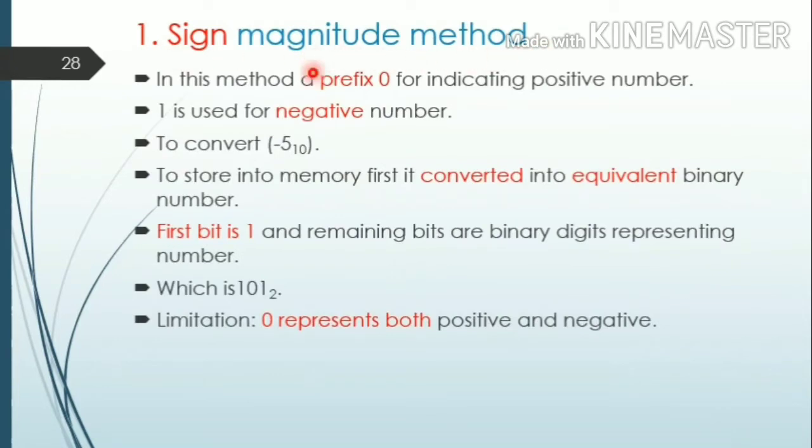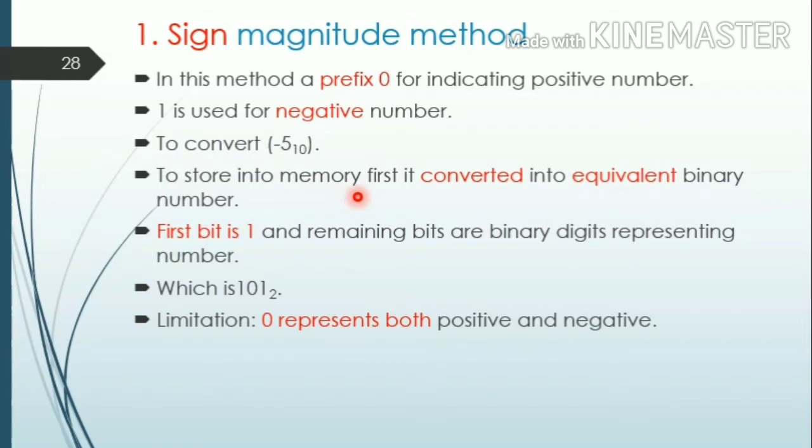Sign magnitude method: in this method, prefix 0 indicates a positive number and 1 is used for a negative number. It means that if any binary number has prefix 0 or 1, that indicates 0 for positive and 1 for negative. Let's convert -5 base 10 into binary.